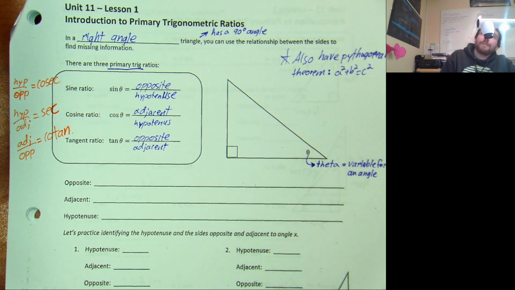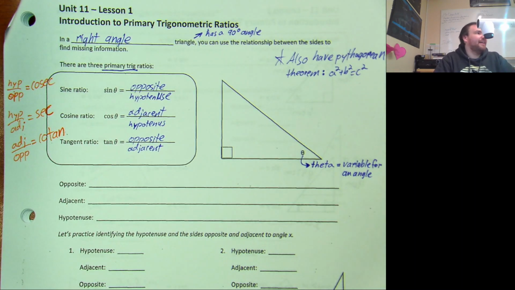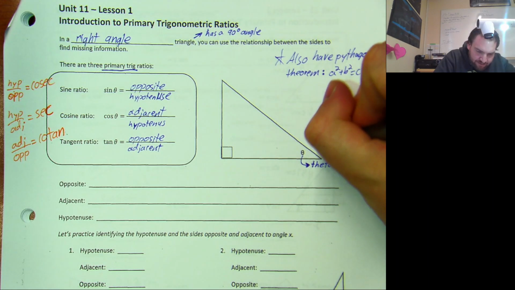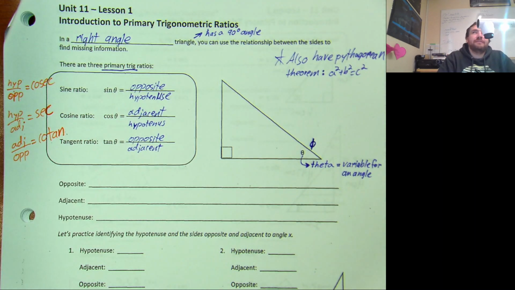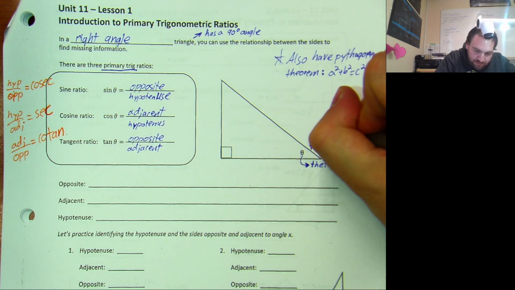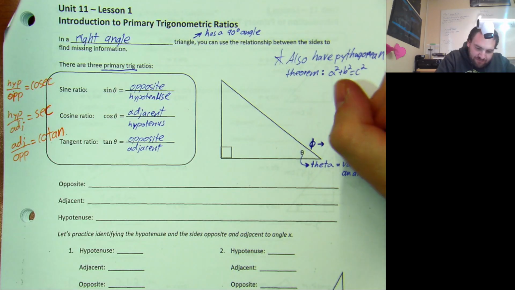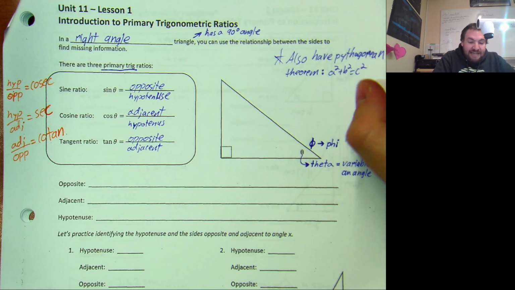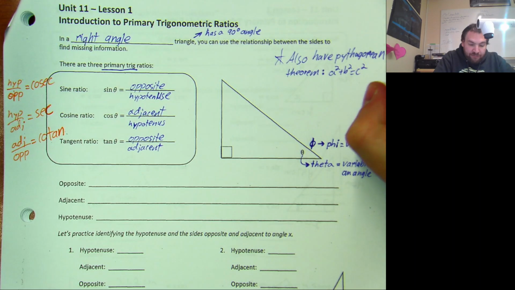We have some other ones. If you don't like theta, maybe you'll like this guy instead. He is drawn as a circle with a stick vertically through it. That guy's name is phi, P-H-I, which is almost Phil, but it's not, it's phi. And this is yet another variable for an angle.